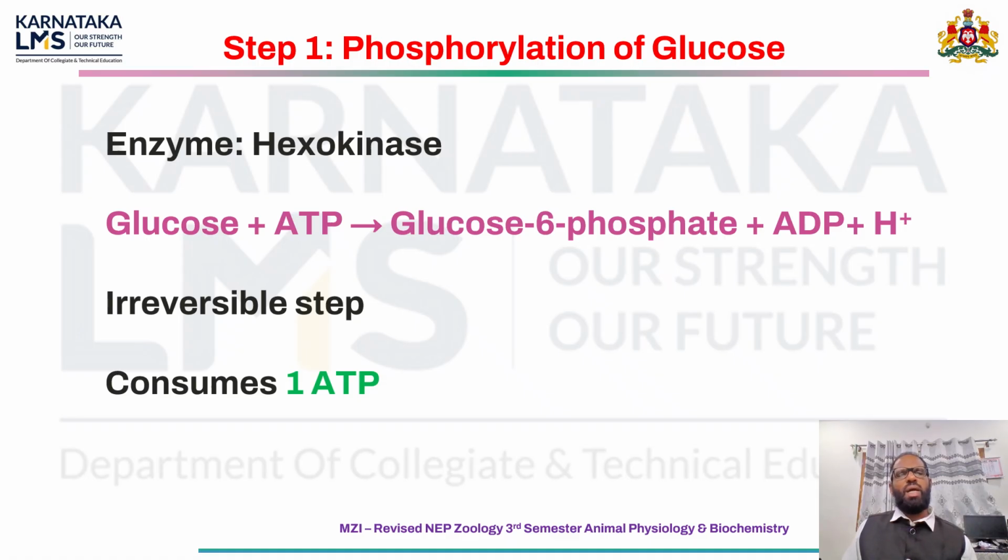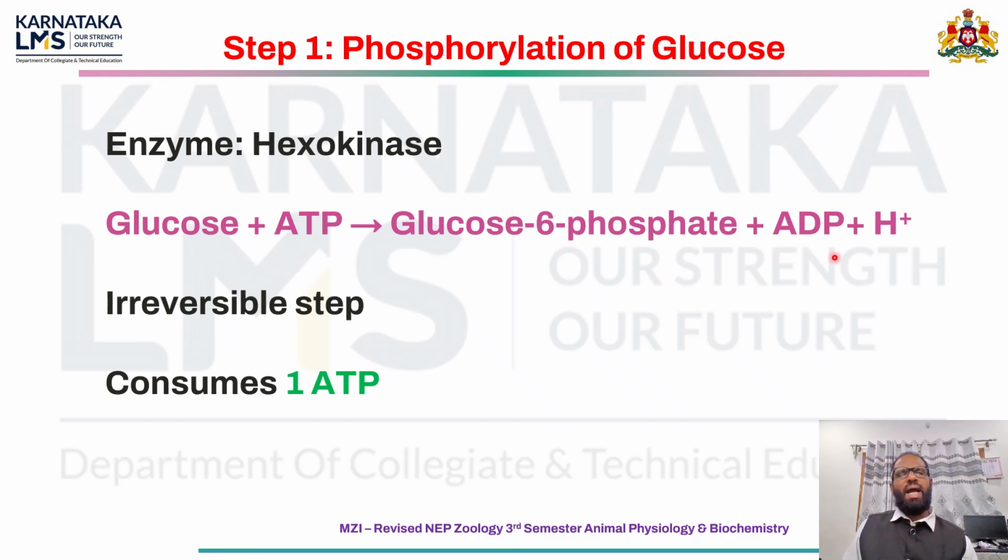Hexokinases are the enzymes responsible for the transfer of the phosphoryl group from ATP to the glucose molecule at carbon number 6. At the end of this reaction, the glucose takes a phosphate group from ATP, forming glucose 6-phosphate, and one ADP molecule and one proton are formed.